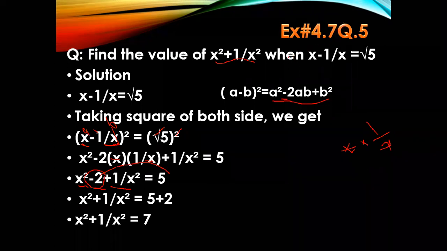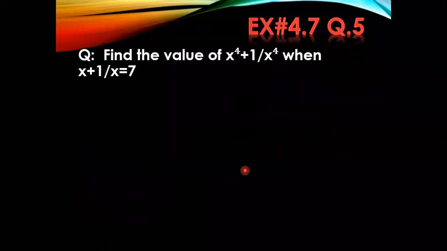The next question is a little bit interesting, not difficult, interesting. Like the question 4.6 we did yesterday, something similar, but a little bit interesting. Now look here. First of all, find the value of x to the power 4. Now no x square here.